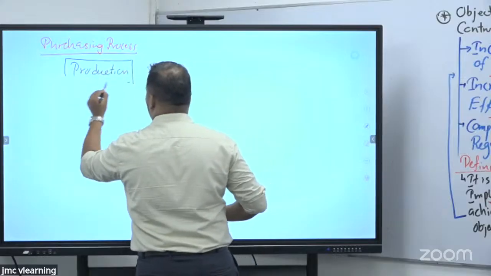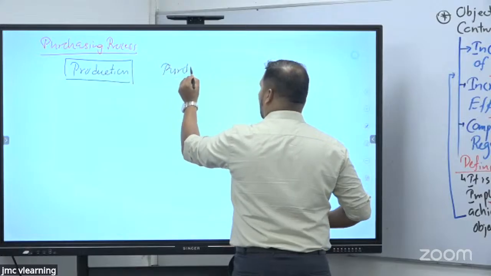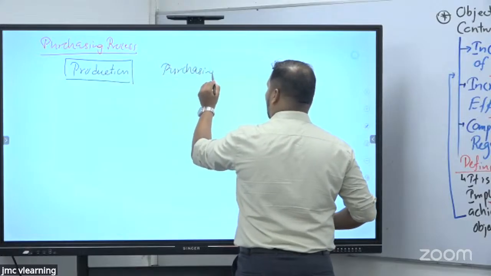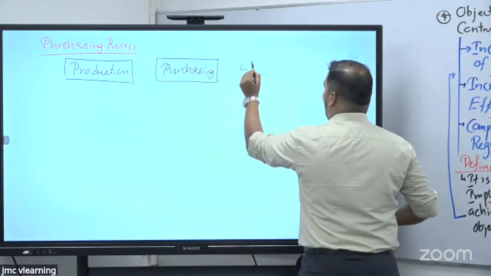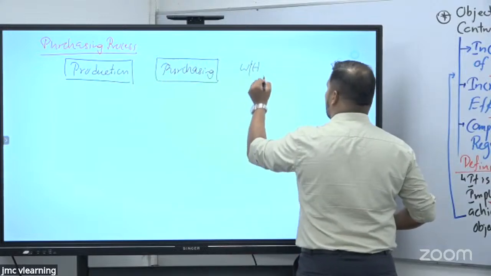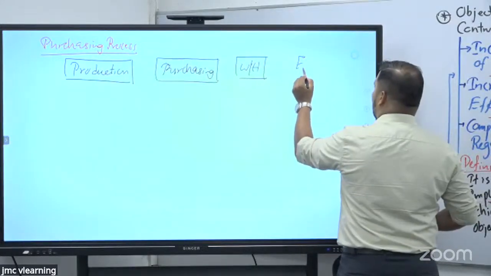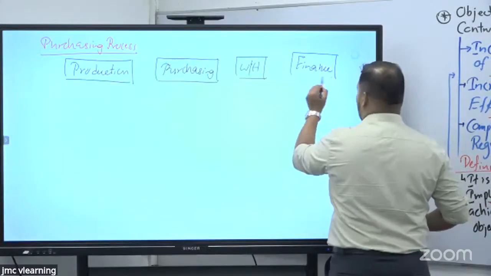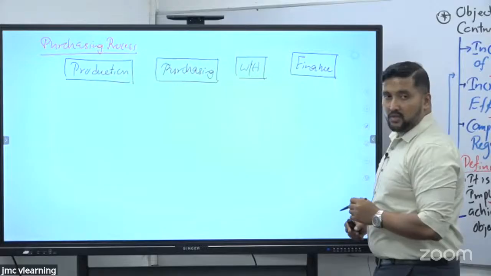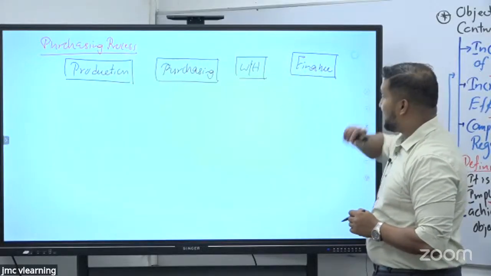You have the production department, then the purchasing department, then the warehouse. I will be discussing all these in detail when I discuss the business processes. I'm just taking this example to give you a better understanding of segregation of duties. Then you have finance. So production, purchasing, warehouse and finance are there.